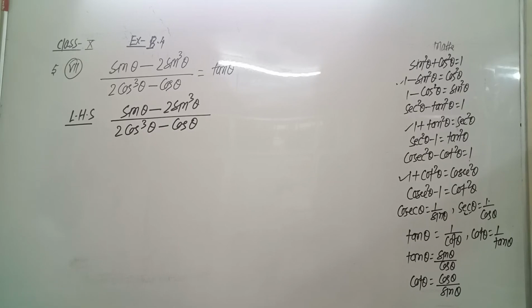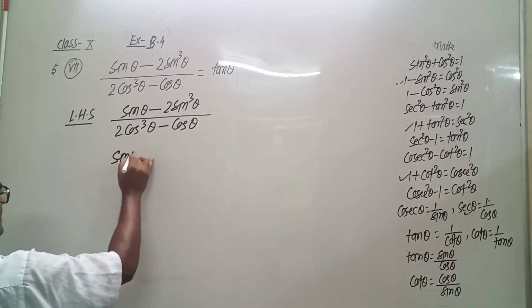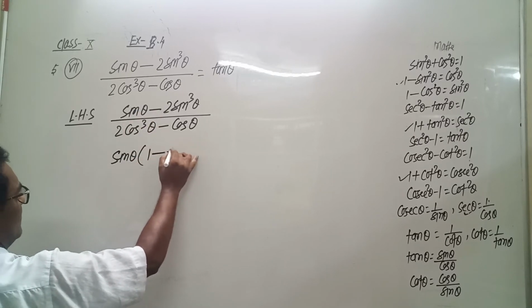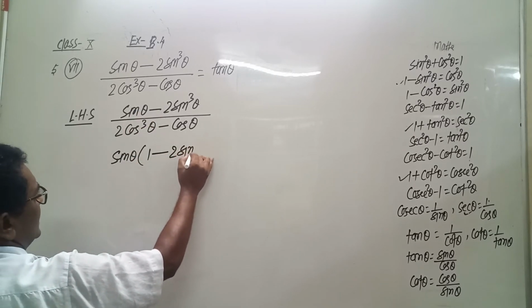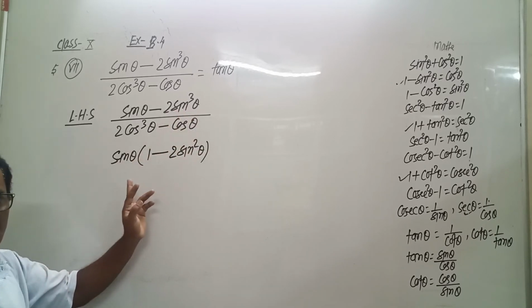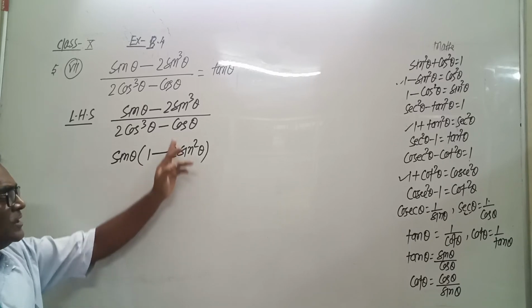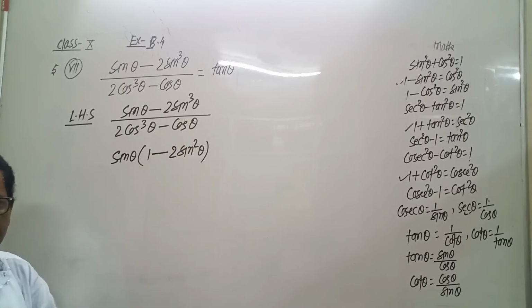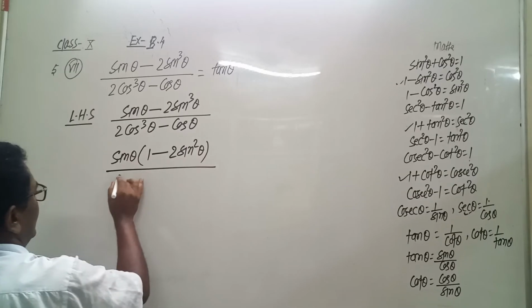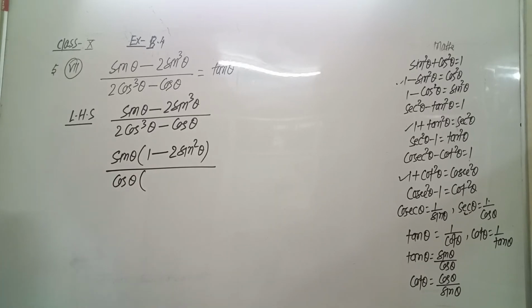From the numerator, sin theta is common. We take sin theta common from the numerator, then we get 1 minus 2 sin square theta. From sin cube theta, 1 time sin theta is taken common, so it becomes 2 sin square theta. And from the denominator, we take cos theta common.